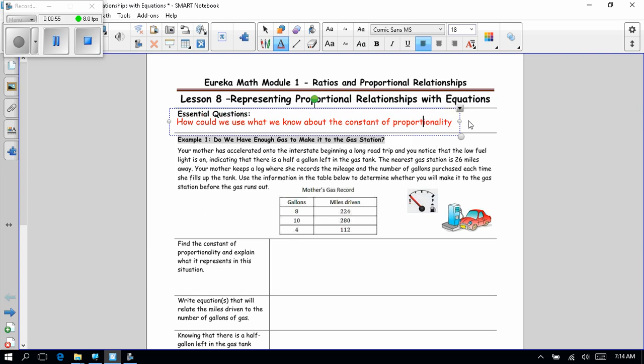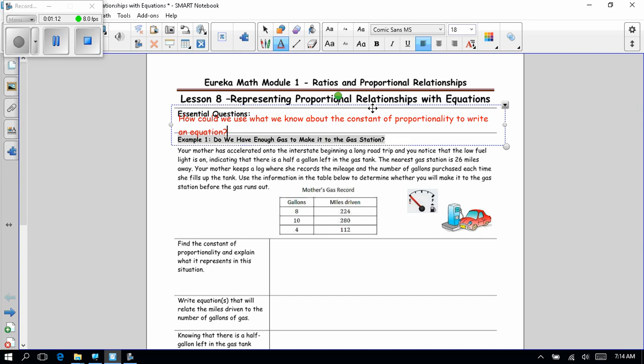Gotta spell it right. Proportionality, there we go. So ultimately, by the time we're done, we should be able to write equations.